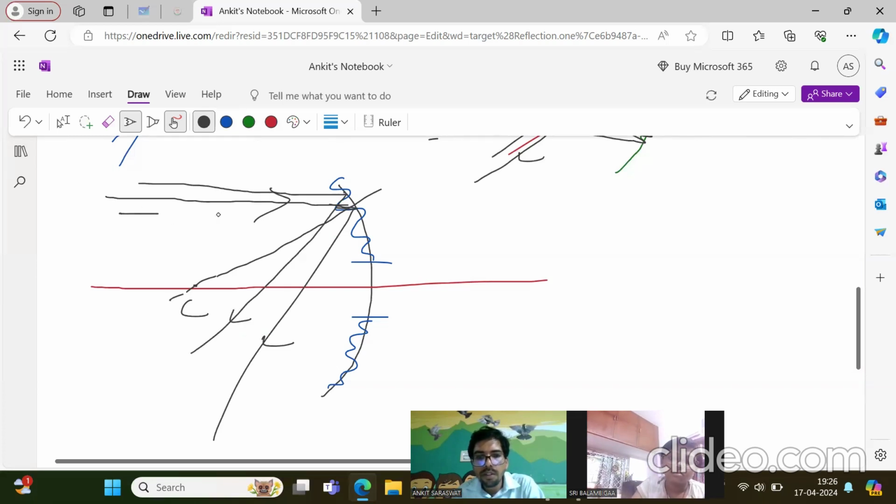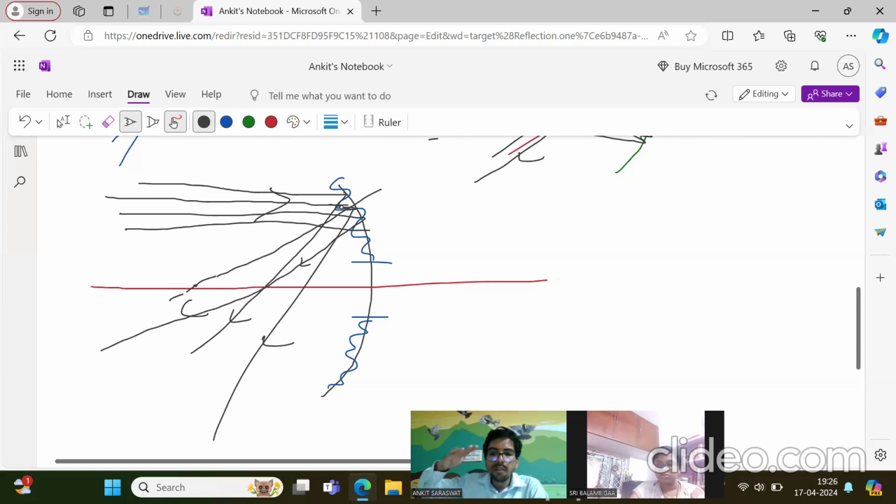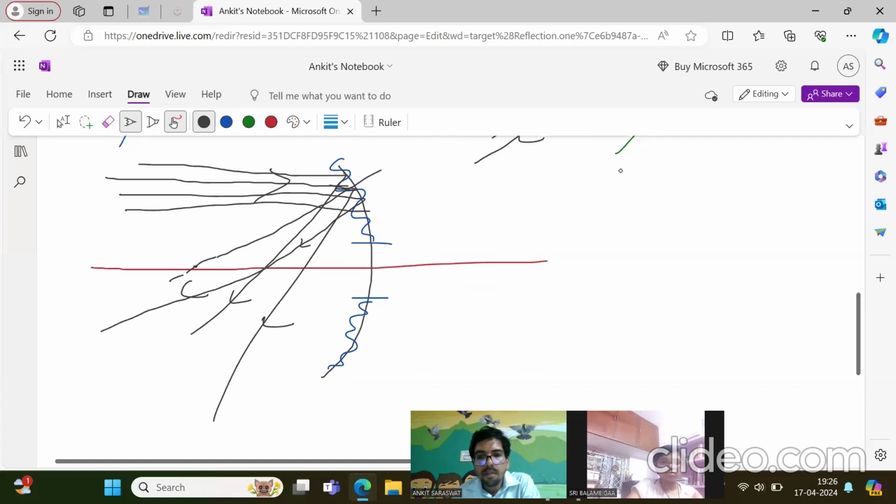See this curved surface: if light rays strike here, it will go here. If this surface is less curved, because of this high aperture, this is happening. Clear?